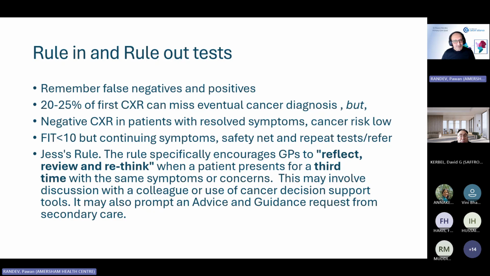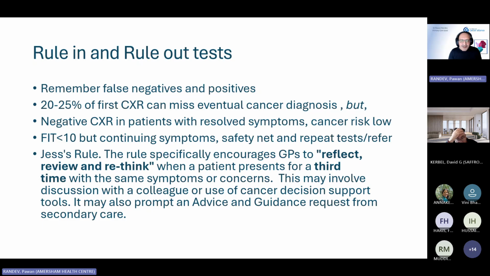And of course, if symptoms aren't getting better, we move things on. So that's something that's important to remember, that the population that we look at in primary care is a very different population to secondary care, where patients have already been filtered and have been referred because they have symptoms.